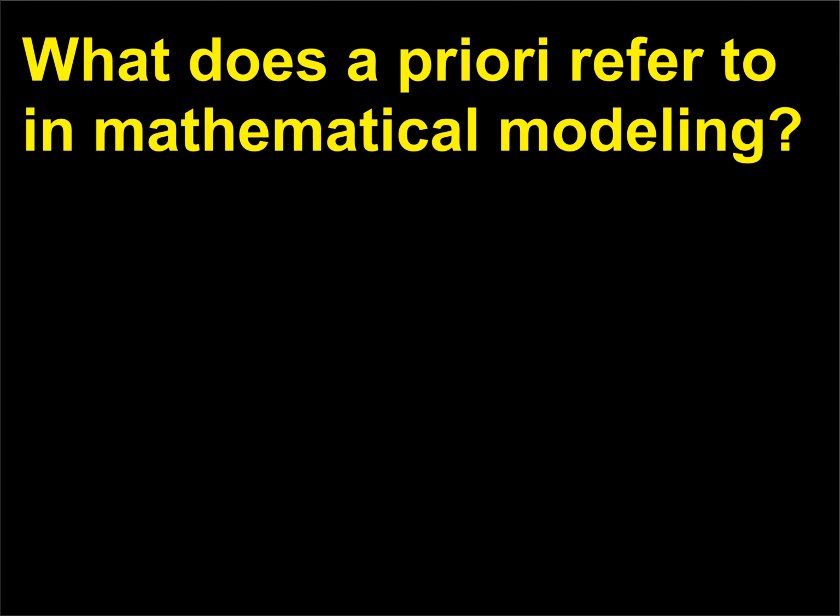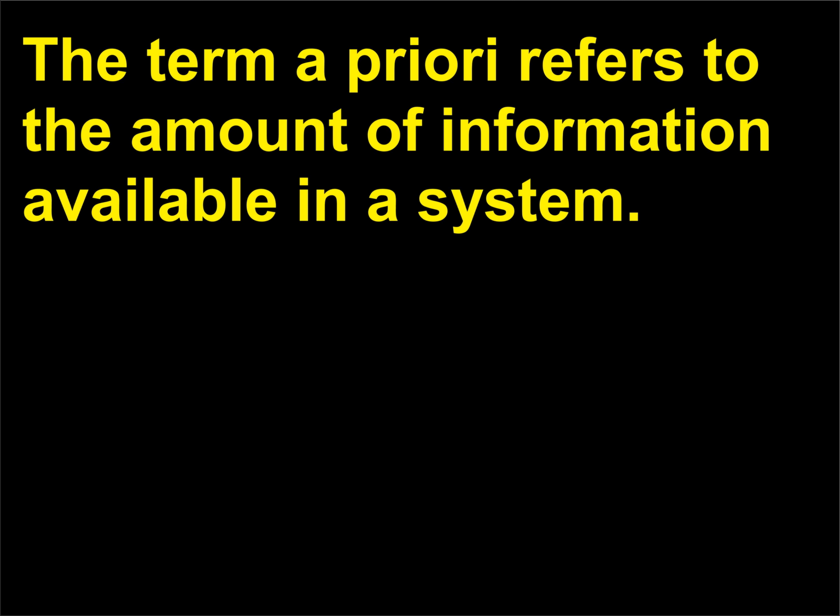What does a priori refer to in mathematical modeling? The term a priori refers to the amount of information available in a system.